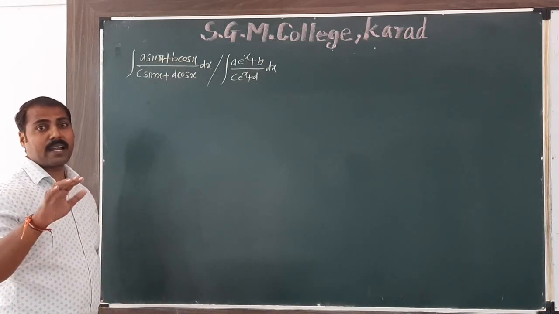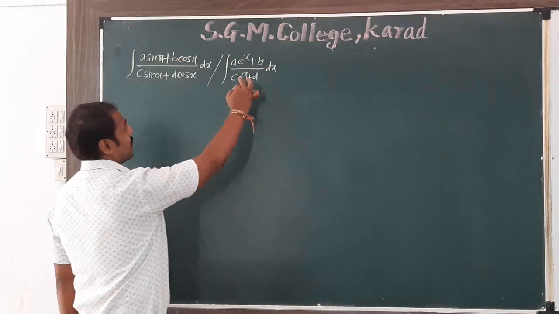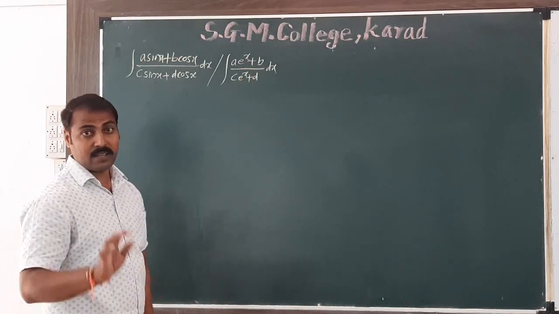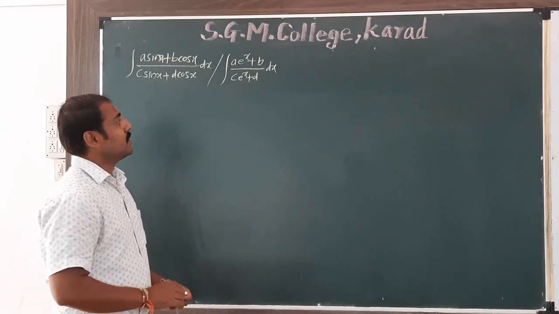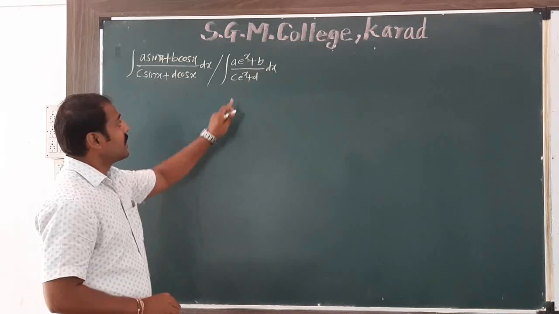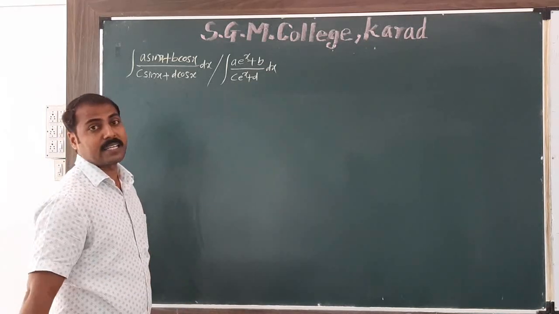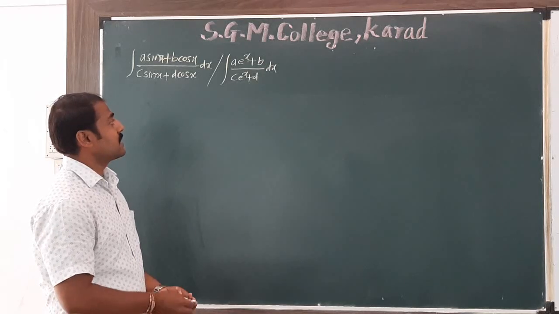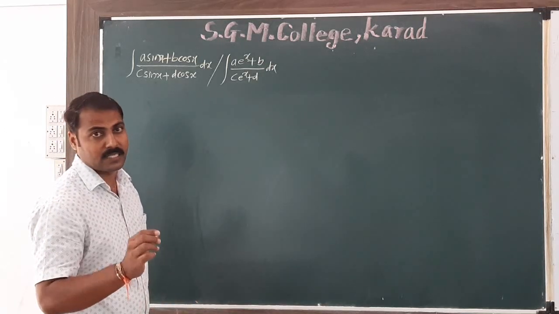Or in the numerator and denominator there are the functions e^x. Then it is our first type of algebraic integration, integration of (a e^x + b) divided by (c e^x + d) dx.